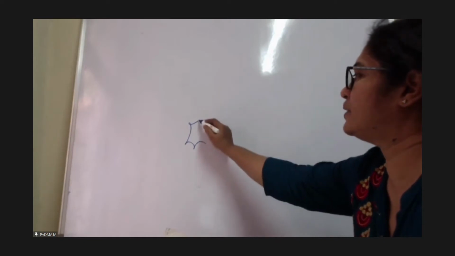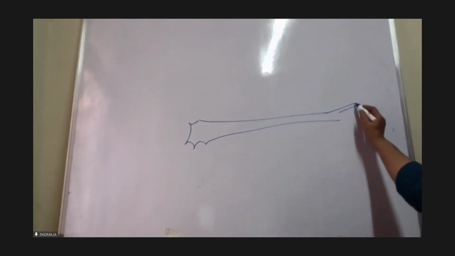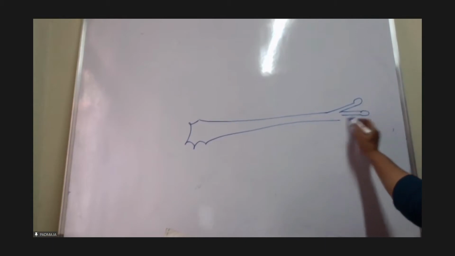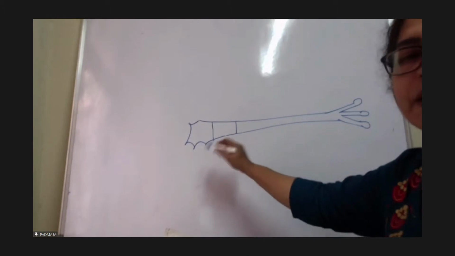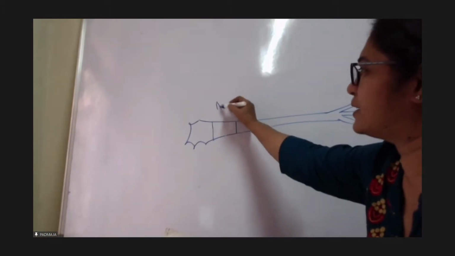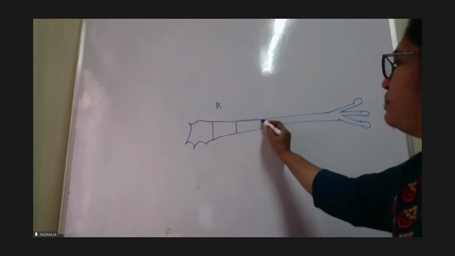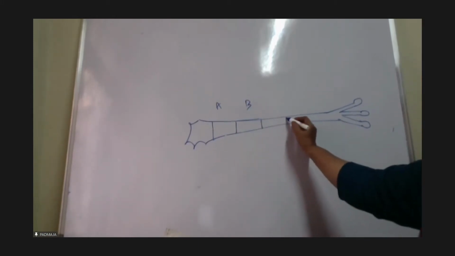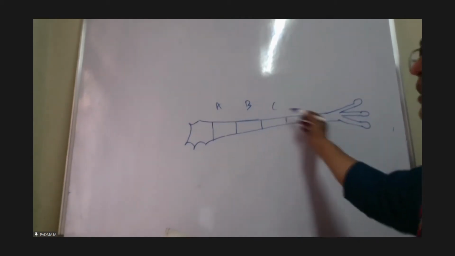Say, take this neuron. They mention this initial segment as A site. Next is described as B site. Next is C, like that the letter order of the alphabet is given.